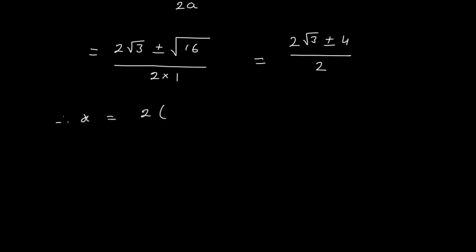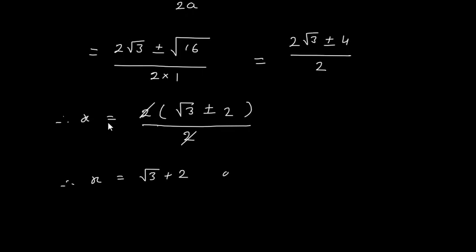When we take 2 common, here we have root 3 plus or minus 2 from 4, and whole divided by 2. So this 2 and 2 will cancel, and therefore we have x as root 3 plus 2, or we have x as root 3 minus 2.